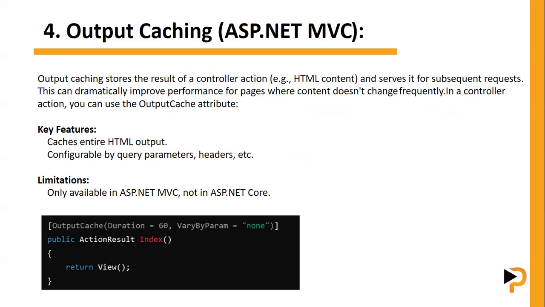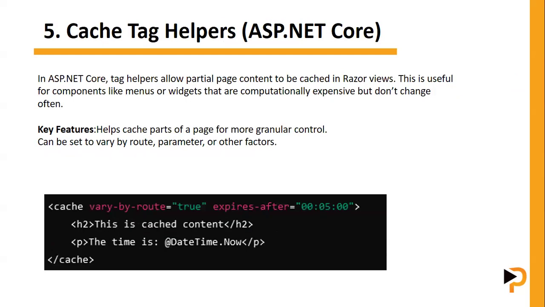This is the scenario where we can cache the entire HTML output, and we don't frequently fetch dynamic data. It caches the entire HTML output and is configurable by query parameters, headers, etc. Now, it is only available in ASP.NET MVC, not in Core. Again, you have to mention output cache, duration, and vary by parameters.